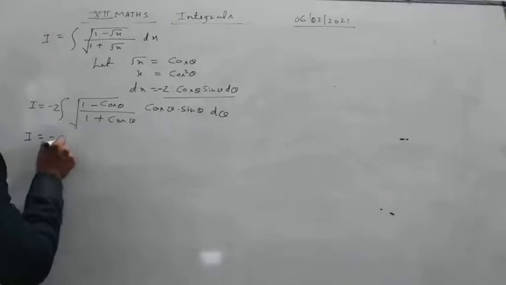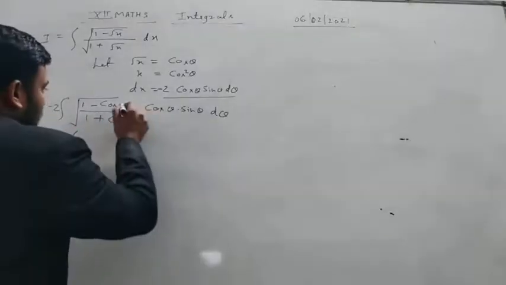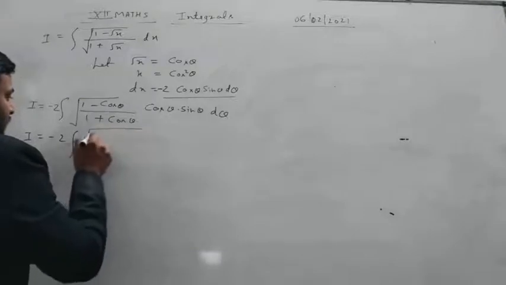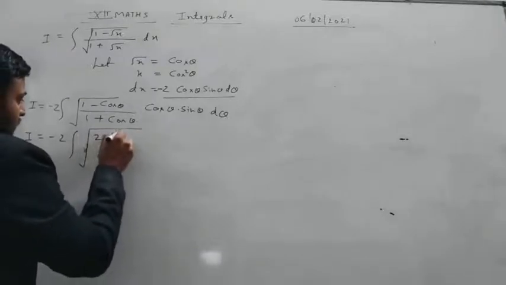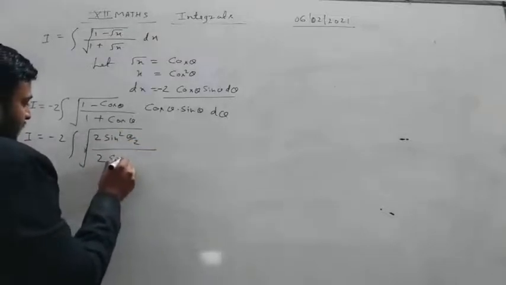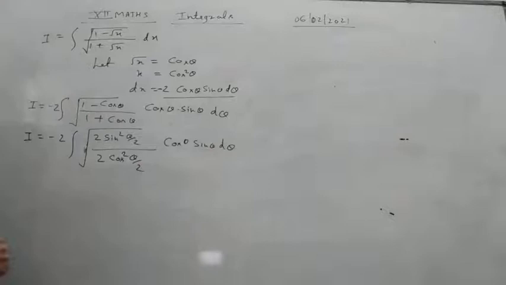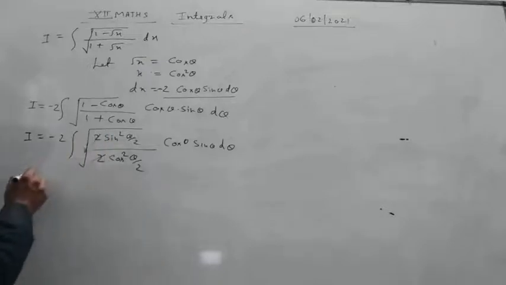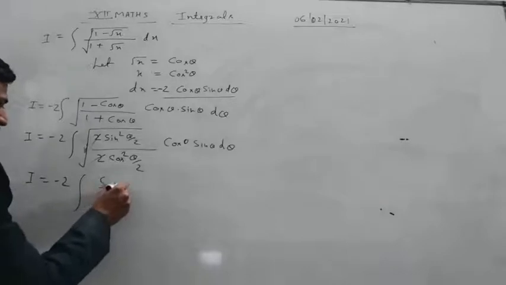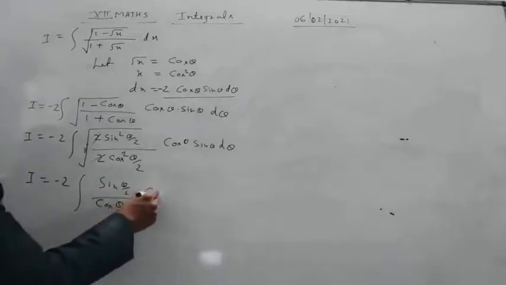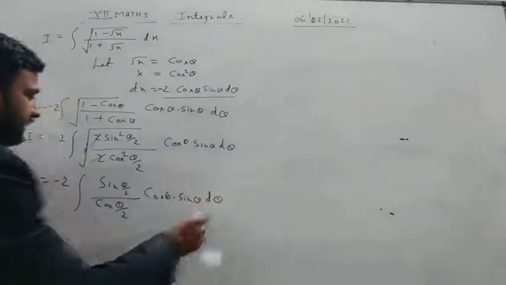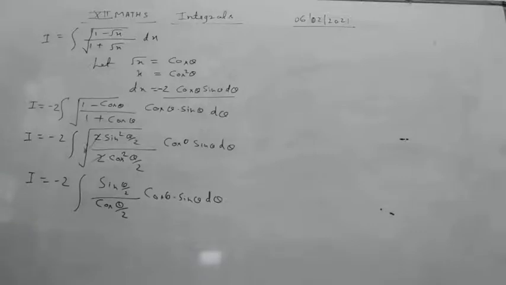Now, 1 minus cos theta we can write as 2 sin square theta by 2, and the denominator as 1 plus cos theta, which is 2 cos square theta by 2. When we cancel this and take it outside, we get sin theta by 2 over cos theta by 2, times cos theta sin theta d theta.